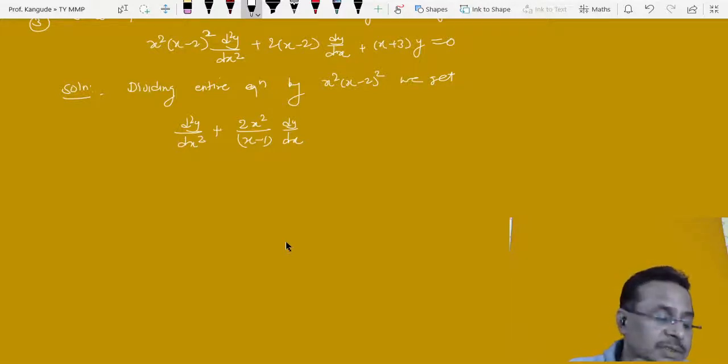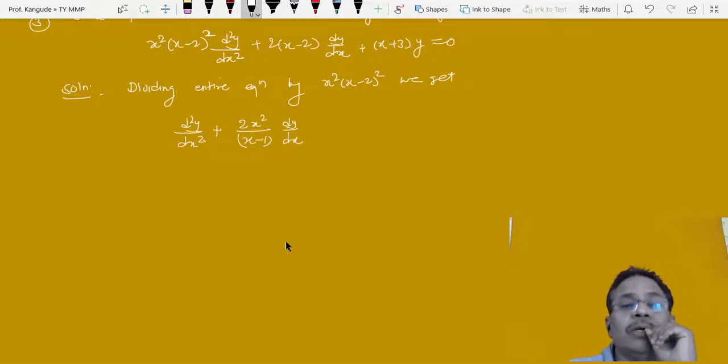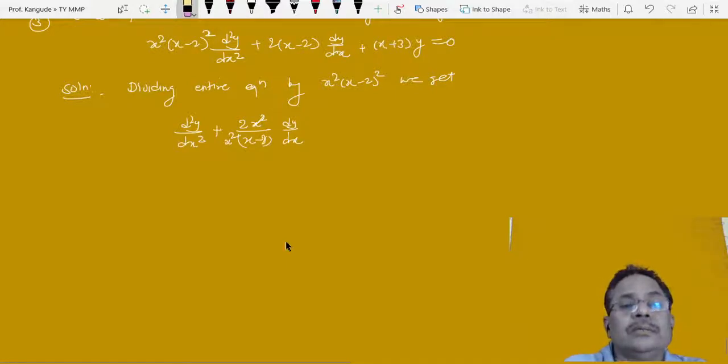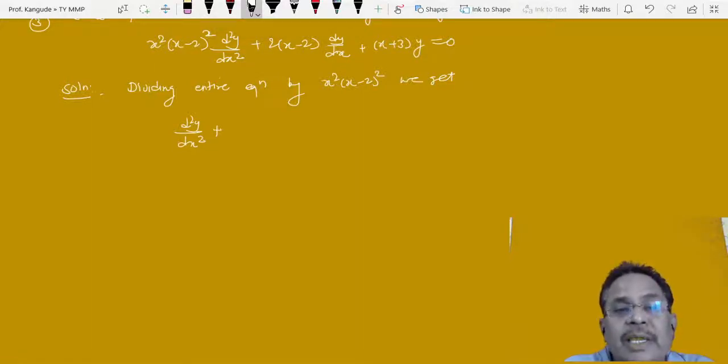We are dividing this, so this x square will come in the denominator. I'll write once again. I am dividing this by x square into x minus 2 square, so one of these gets cancelled.